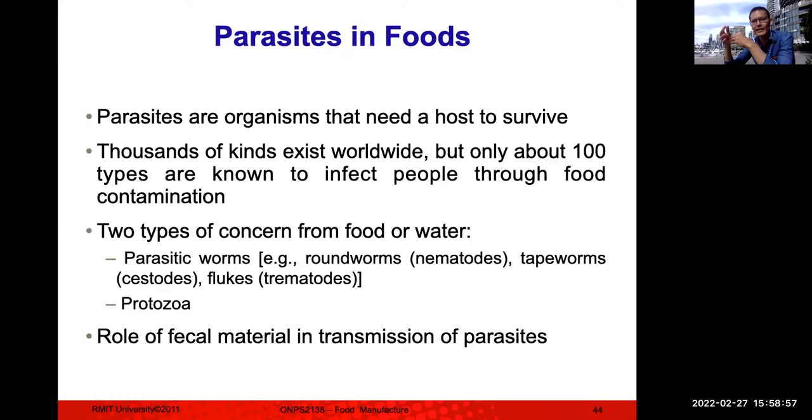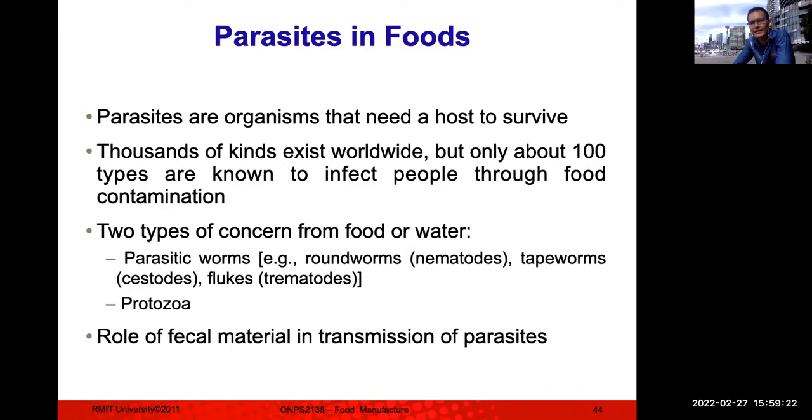So to give you an insight into foodborne parasitology. Parasites are, in the case of what we're talking about, animals. So we're talking about worms, or protozoan parasites, and they need a host to survive.